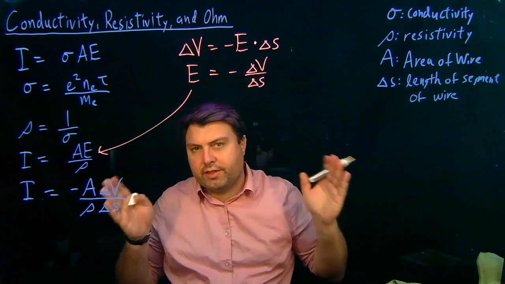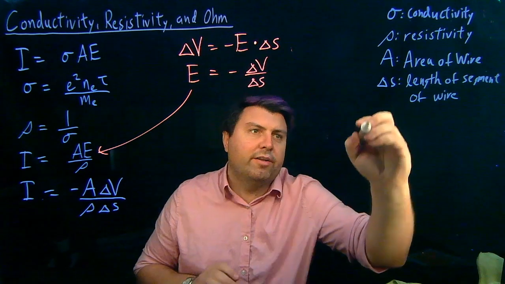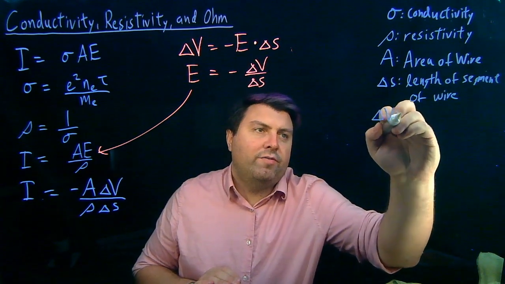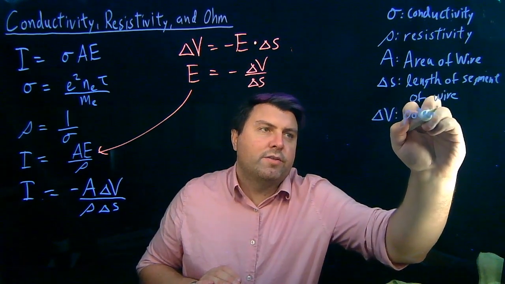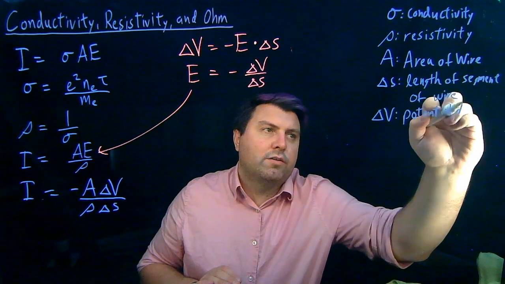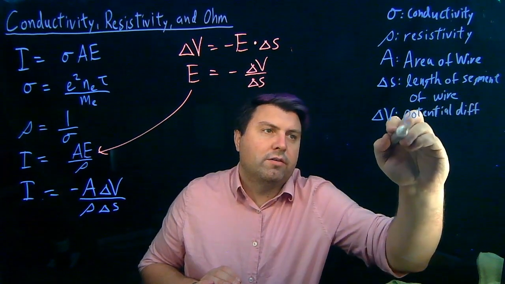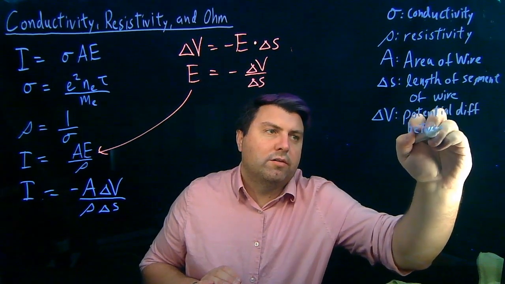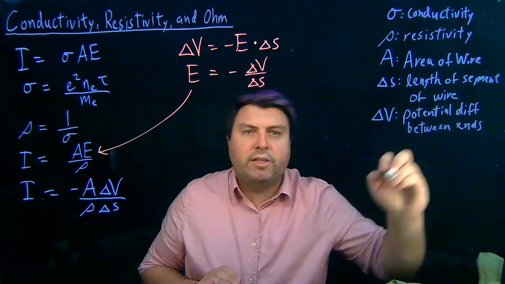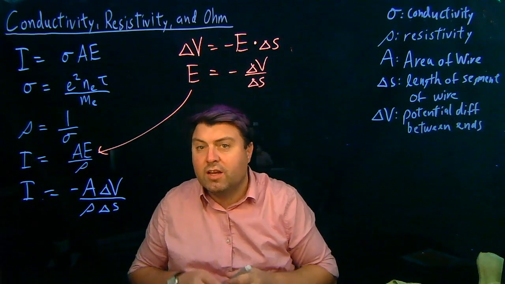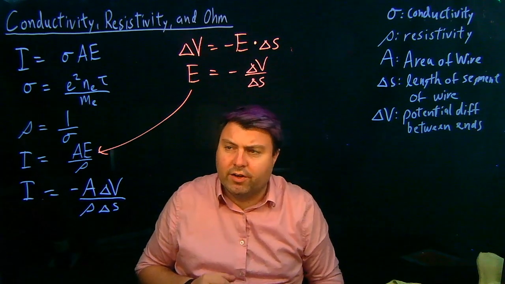So we can choose the entire wire or just a fraction of it. And this delta V is the potential difference between the ends of our segment. So this is looking really, really good, right?